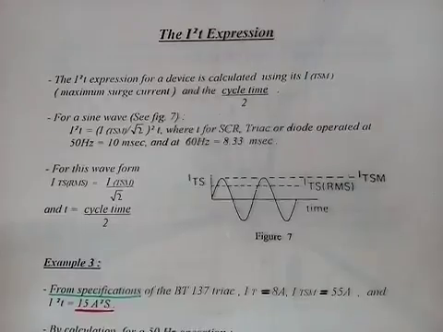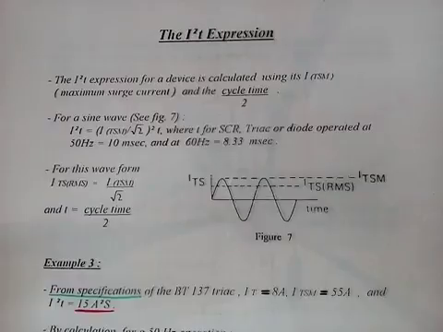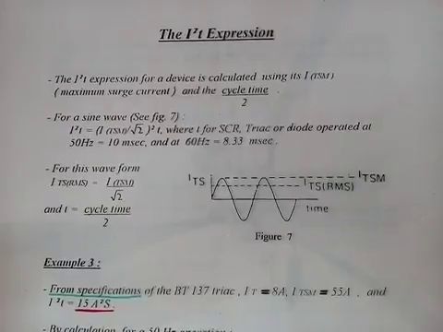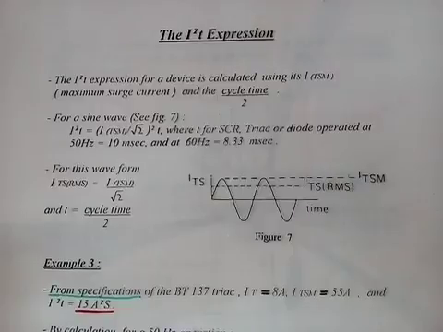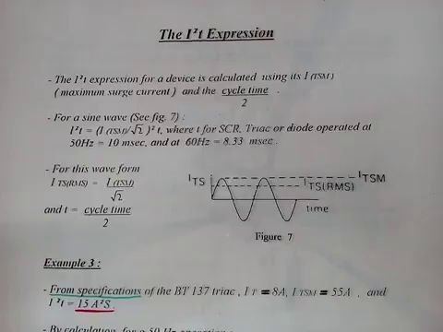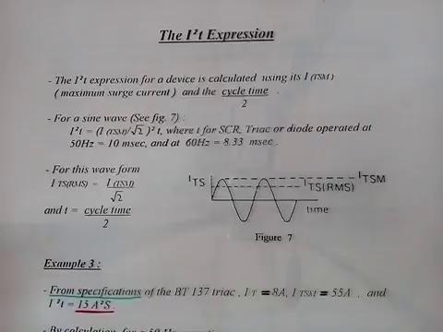The I2t expression, which stands for the fuse thermal storage capacity, and sometimes it's called the energy required to blow a fuse, or the fusing current, and in some literatures it's called the let-through energy, and its unit is amp squared second. Okay, so let's get started.